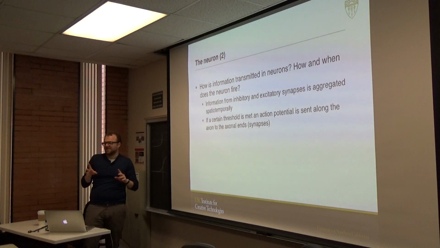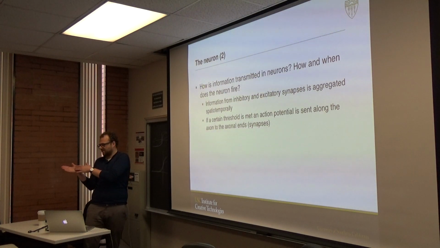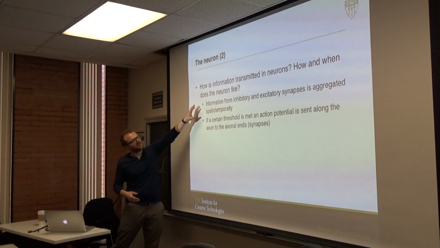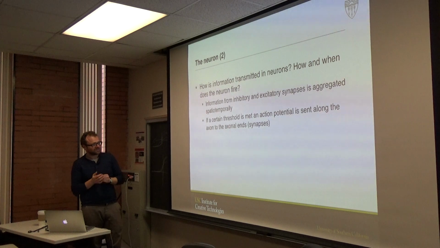This is again very important for the artificial neural network, because how would we express these connections between excitatory and inhibitory neurons? Well, we have weights and real numbers, so excitatory means weights greater than 0, inhibitory means weights less than 0, okay? That's how we will model this difference.